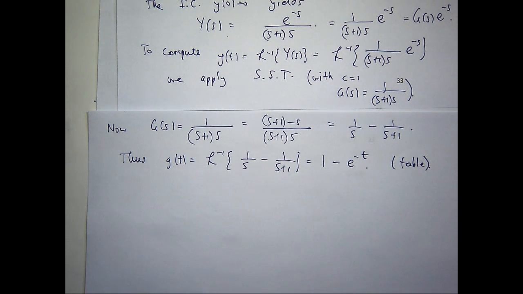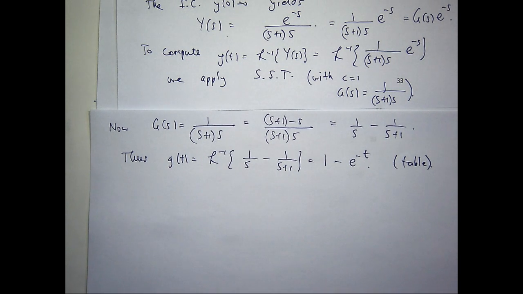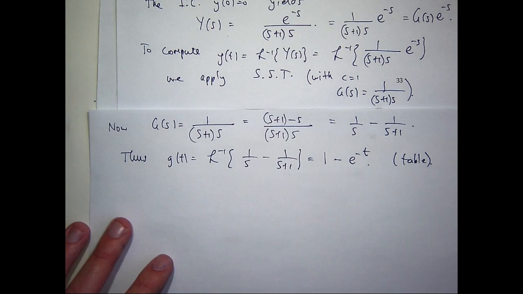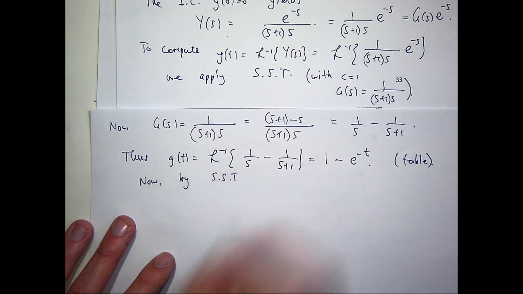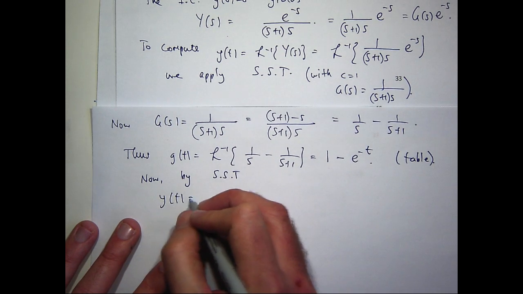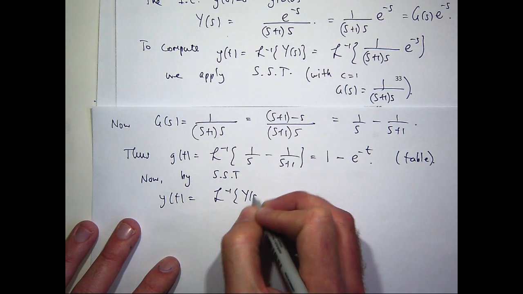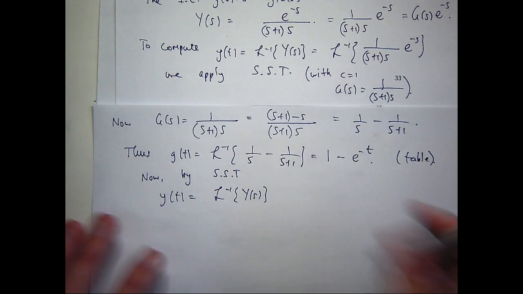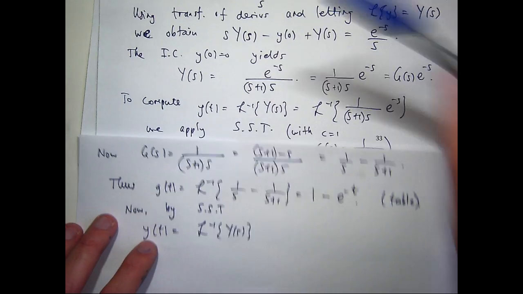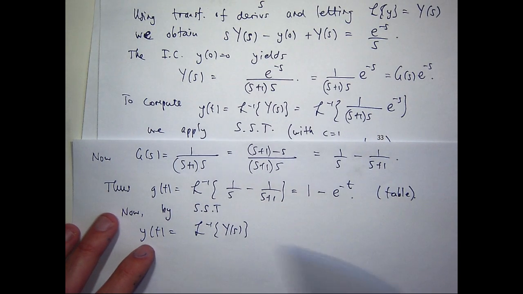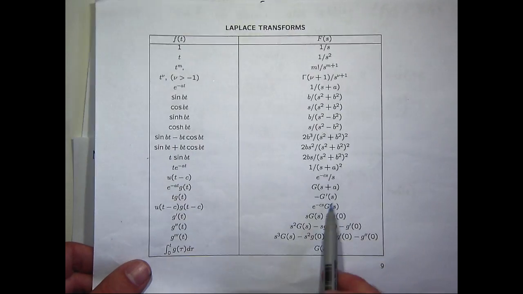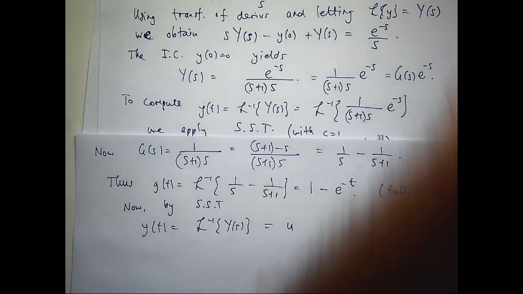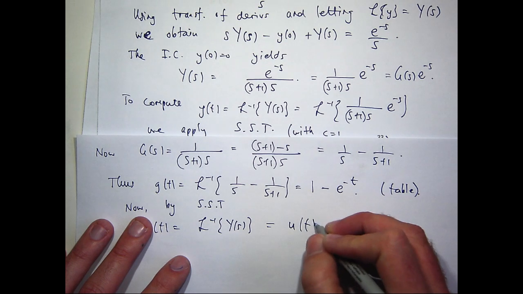What we want to do now is appropriately shift it. By the second shifting theorem, the inverse transform of this is just, if I look it up on my table, the second shifting theorem's there.